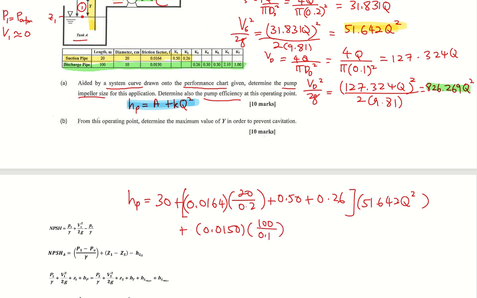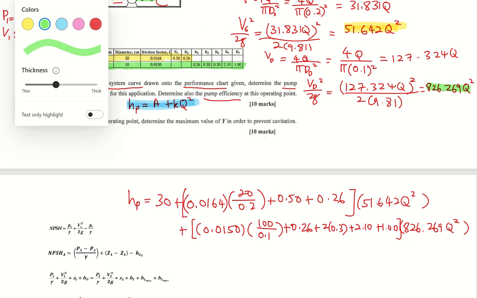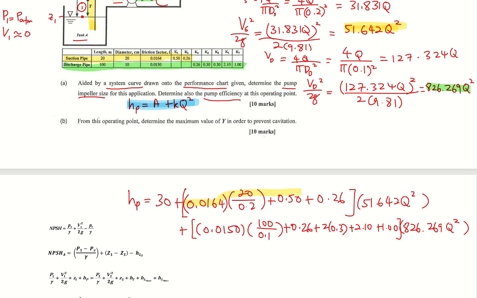The diameter is 0.1 plus K3, 0.26. K4 and 5, we have 0.3. And then we have 2.1 for K6 and 1 for K7. So everything here you times with 826.269 Q squared.